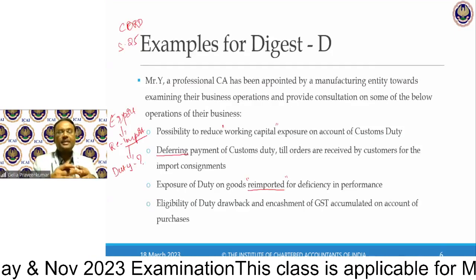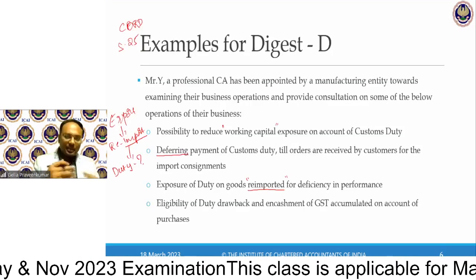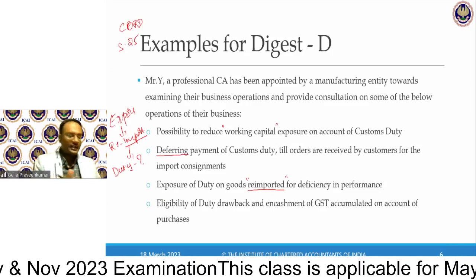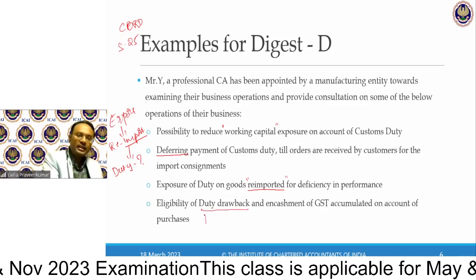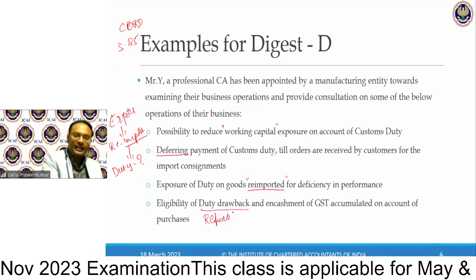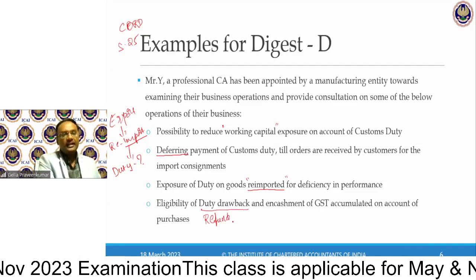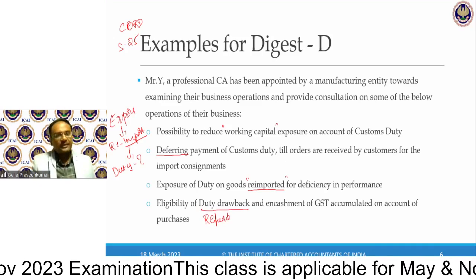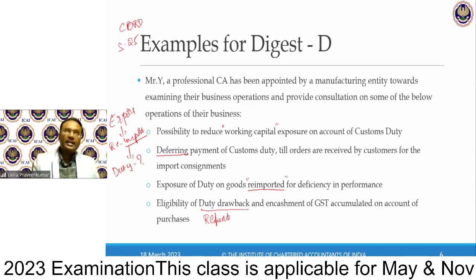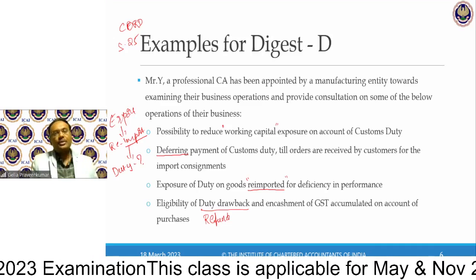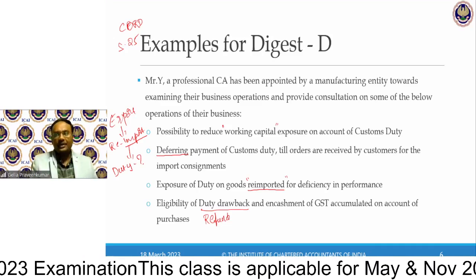Now, in the process of giving guidance, there is something called duty drawback. Duty drawback refers to a refund mechanism under customs law. Most of us don't know the customs provisions, and we pay customs duty every time material is imported back into India.